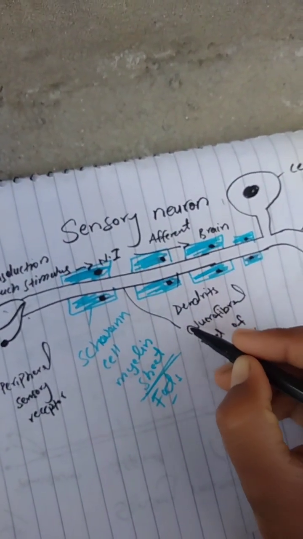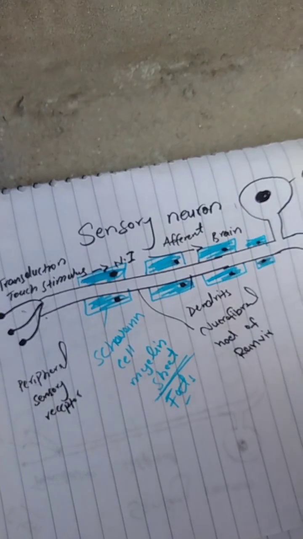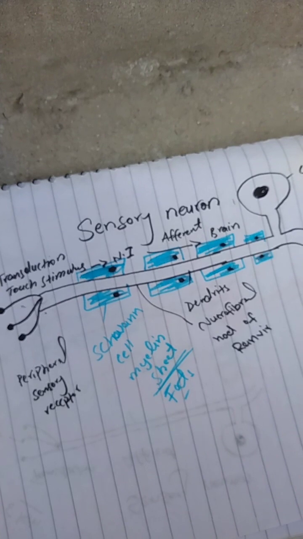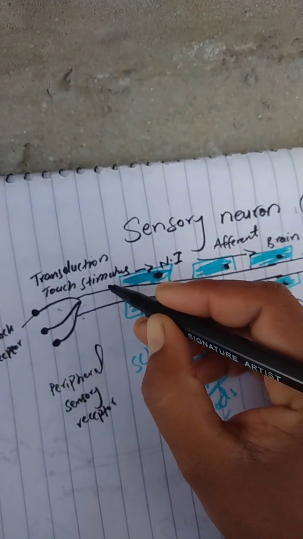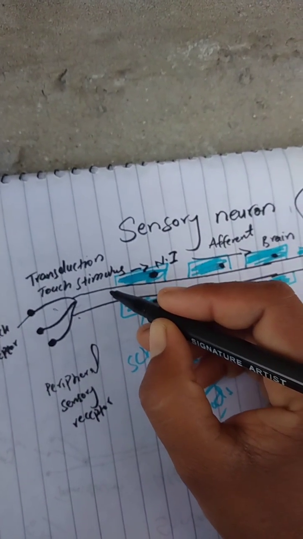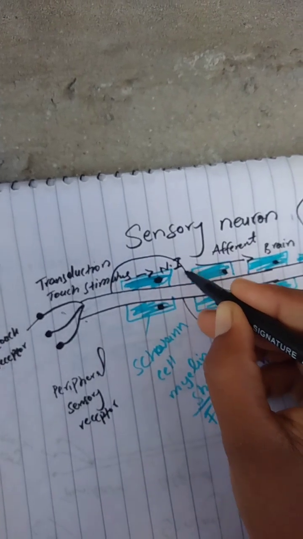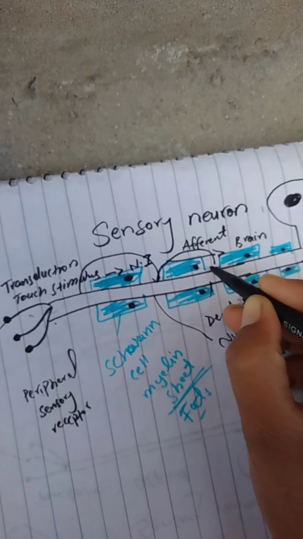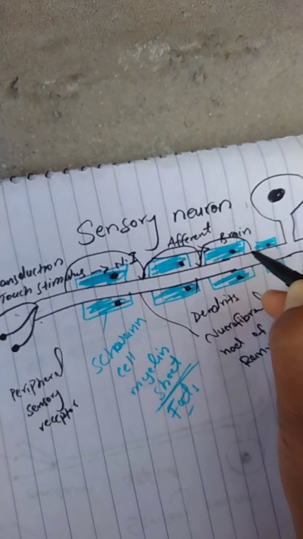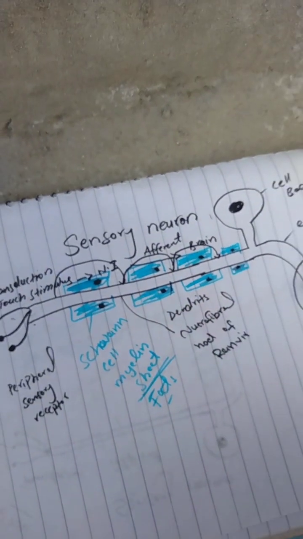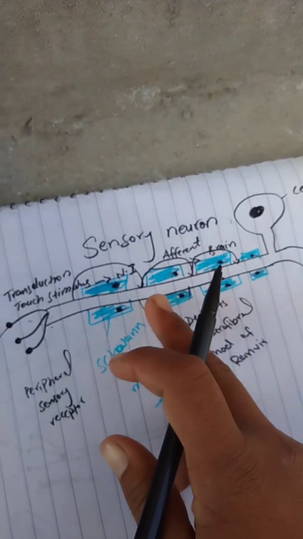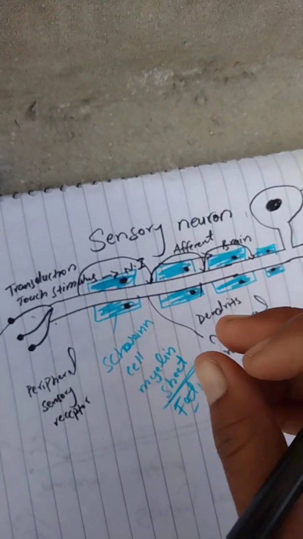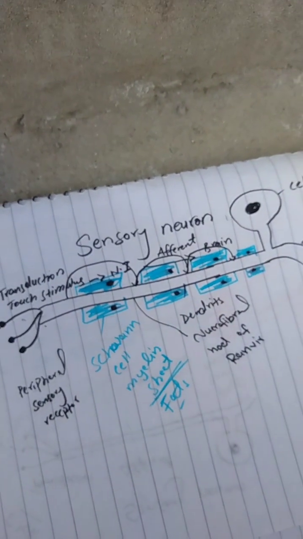This neurofibril node of Ranvier is very important because the nerve impulse jumps from one node to another node, one node to another, that facilitates speeding up the nerve impulse.